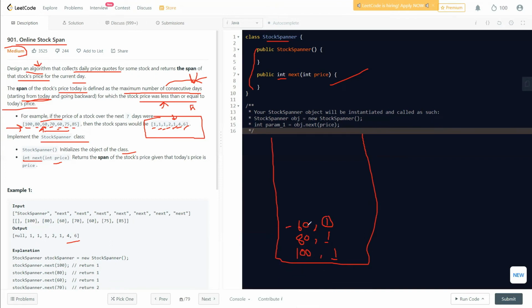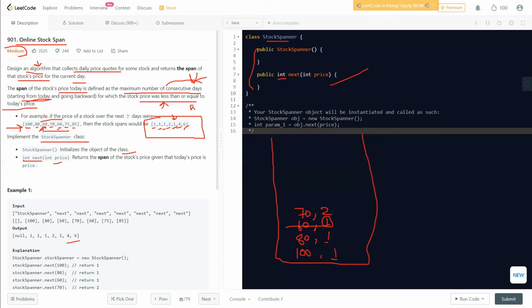Then we pop that value and push 70 with the value 1 plus 1, which is 2. Counting today, it was 1 day for 60, and for 70 we find 2. So we simply popped that value.